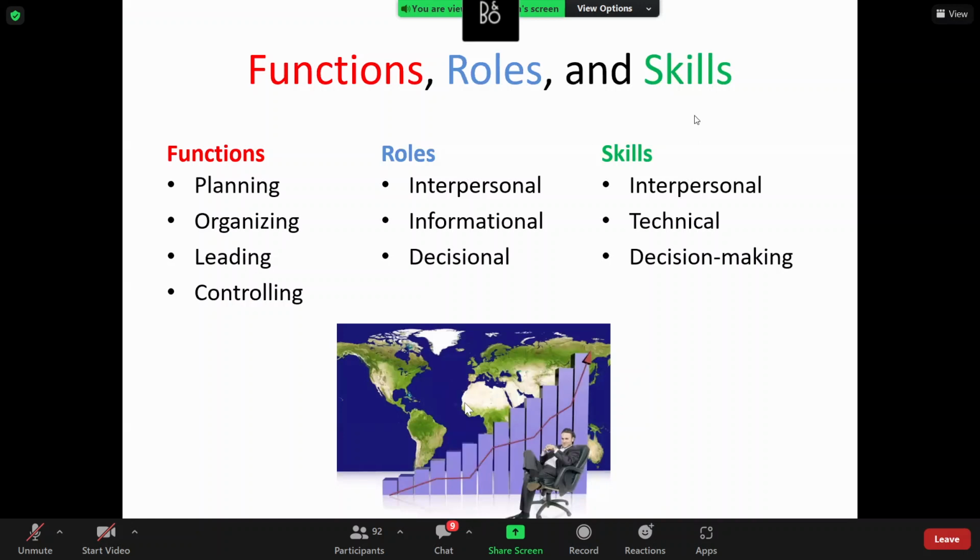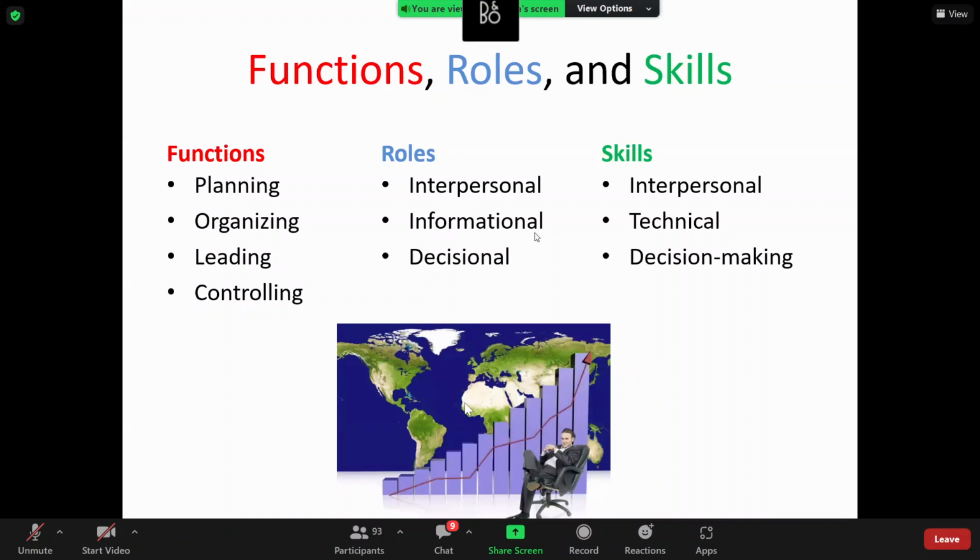Managers' roles have been categorized into three sub roles: interpersonal, informational, and decisional roles. Interpersonal means relationship between manager and other people.